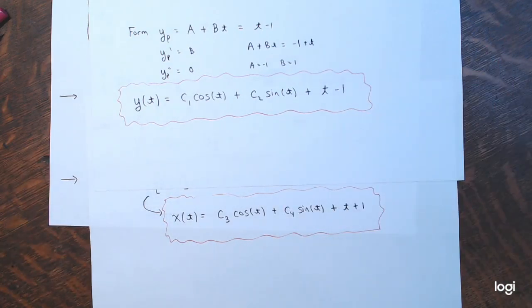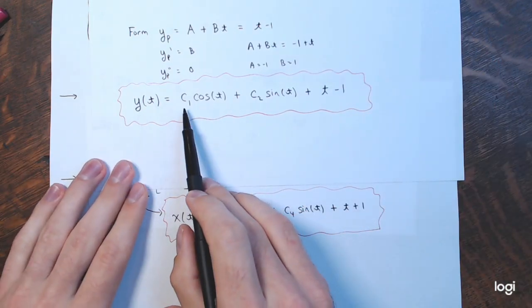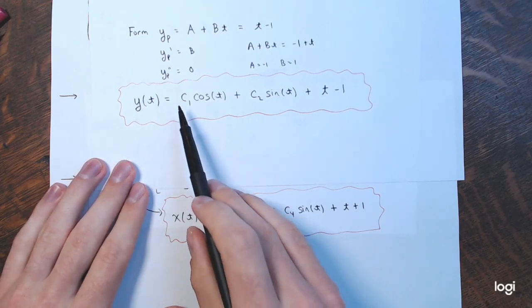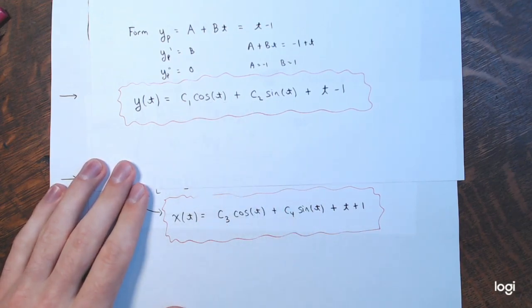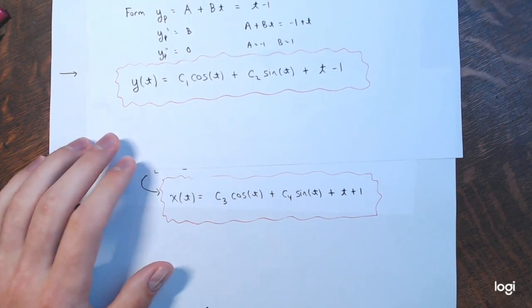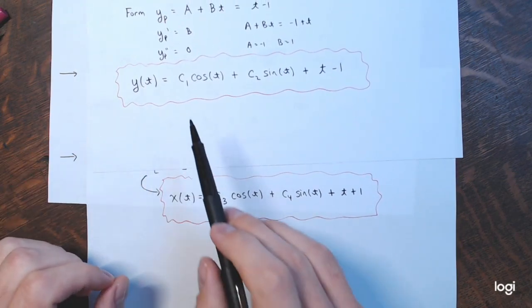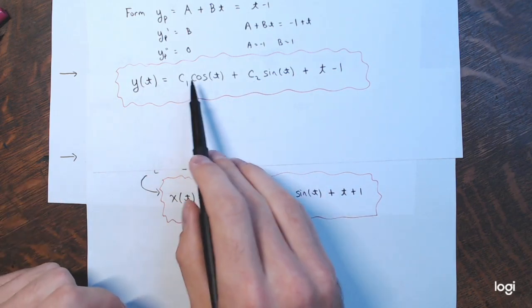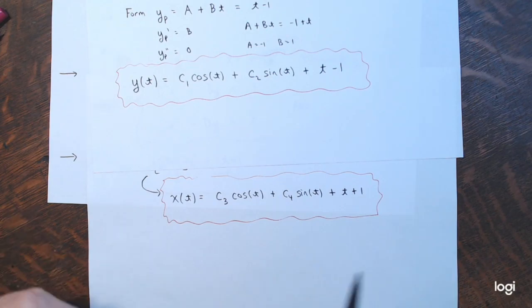But then comes the question: what are the relationships between these constants, c1, c2, c3, and c4? Because as in the first example, you can't just replace these with 1, 2, 3, and 4, or 5, 7, 11, and pi. You can't just replace all four of them with whatever you want and still have a valid solution to the system.